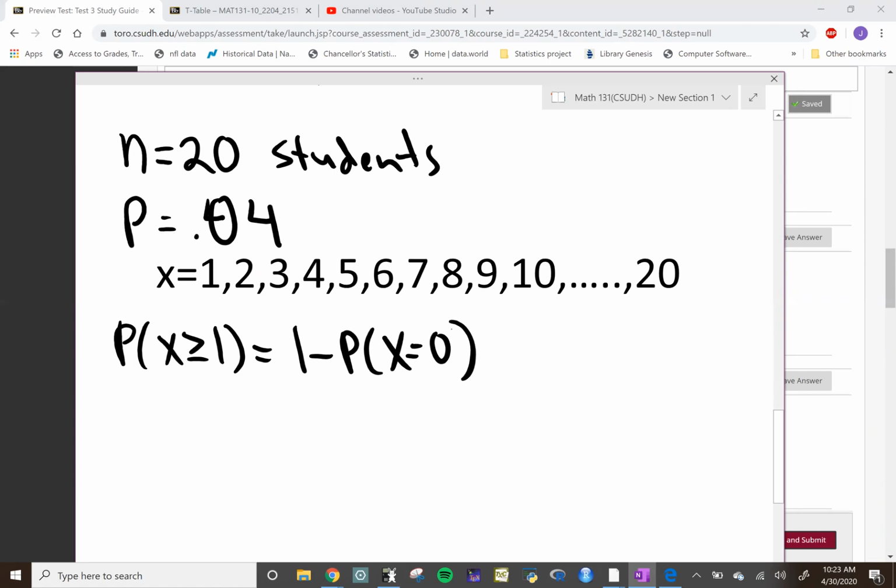We're pretty much just using the complementary rule. If I find the probability that X is equal to 0, I can just do 1 minus that probability, and that gives me the probability of 1 all the way through 20. So that's how I'm going to do it with the TI-83. Any questions so far for this formula?